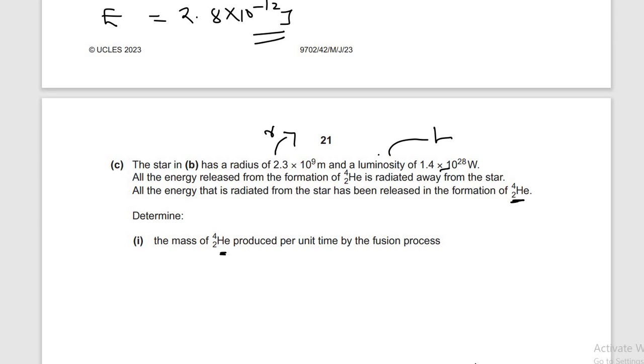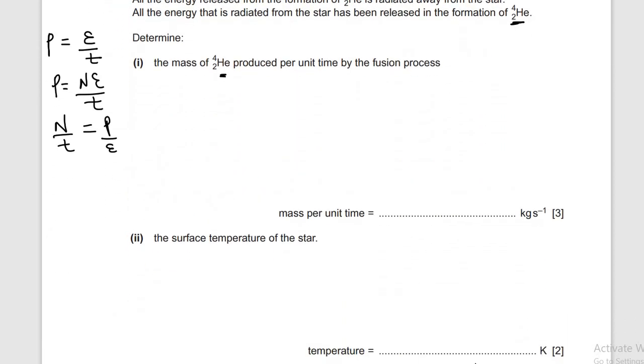Okay, remember that power is energy over time. In this case, power can also be the amount of energy released per unit time. So the amount of energy released per unit time is power over E. What's power?